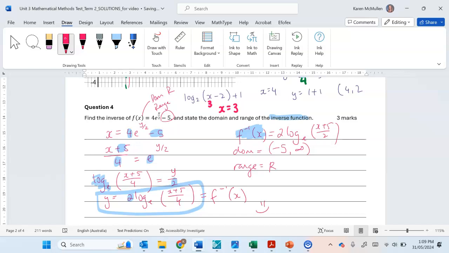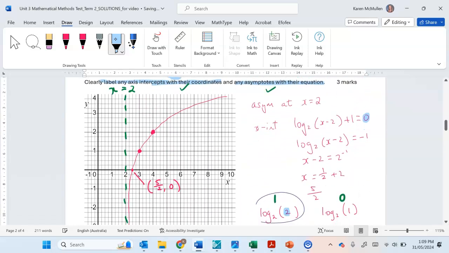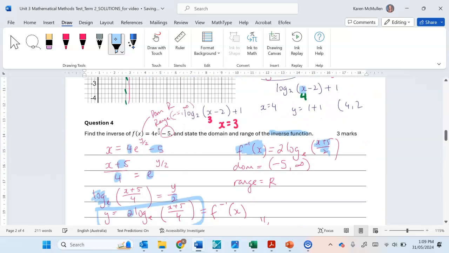So we're going from negative 5 to infinity. And then your domain and range switch for your inverse. You could have also just looked at this and got your domain from that, and also realized that your range could be any real value if you had an understanding of a log graph. And there's your log graph there. So you can see the y values aren't restricted.